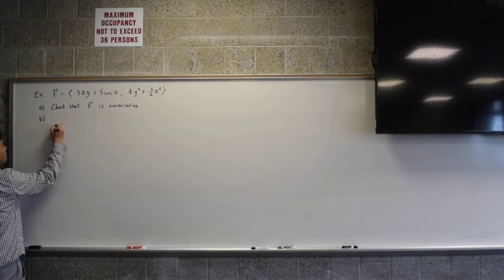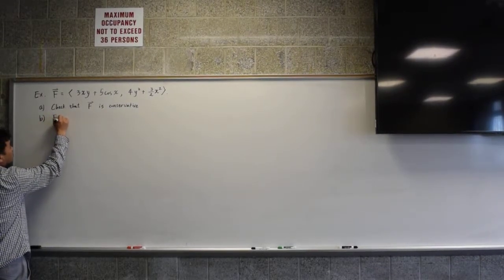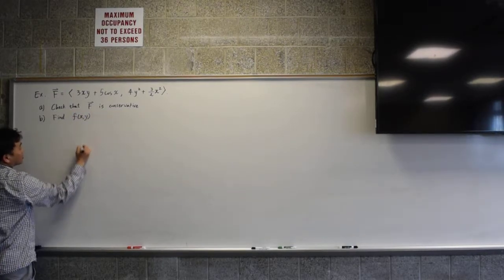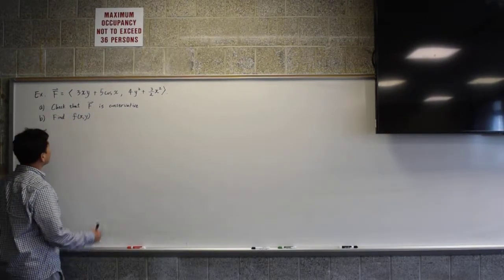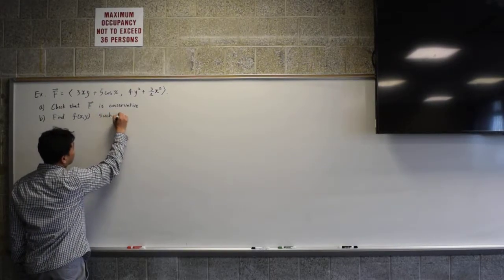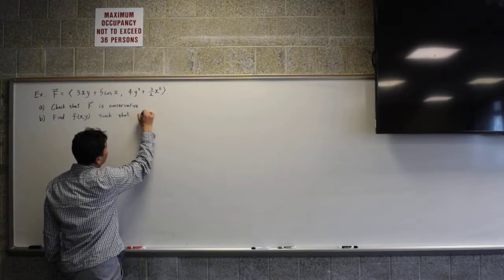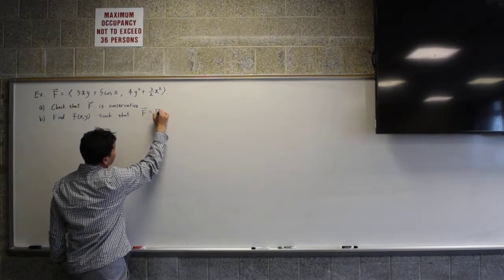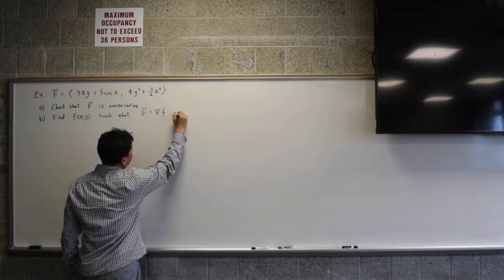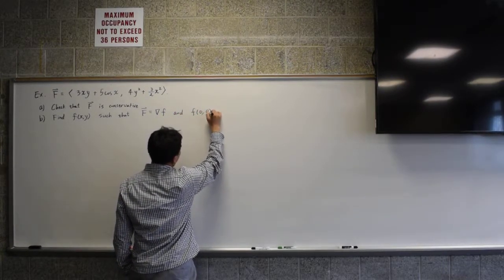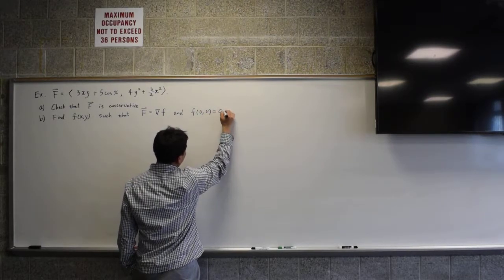And second part is, find f(x, y) such that F is the gradient of f and f(0, 0) is 0.